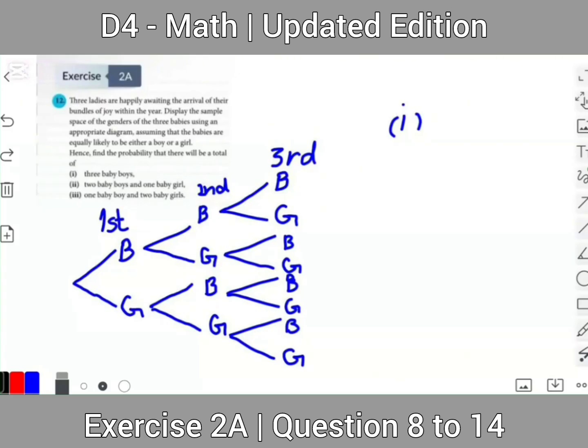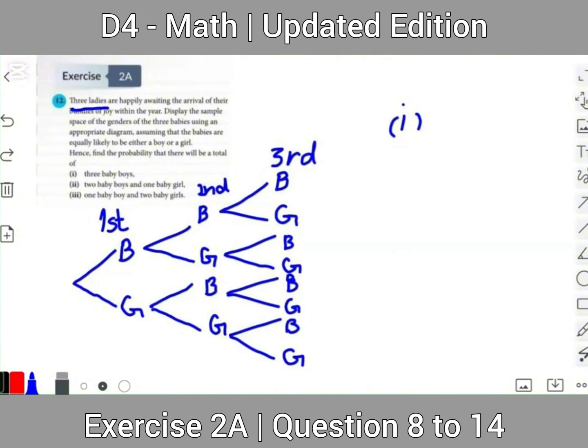So first we have to decide which appropriate diagram we should use in this question. Since we have 3 ladies in the statement, it means we have to use the tree diagram here, just because it is a multi-stage probability experiment.